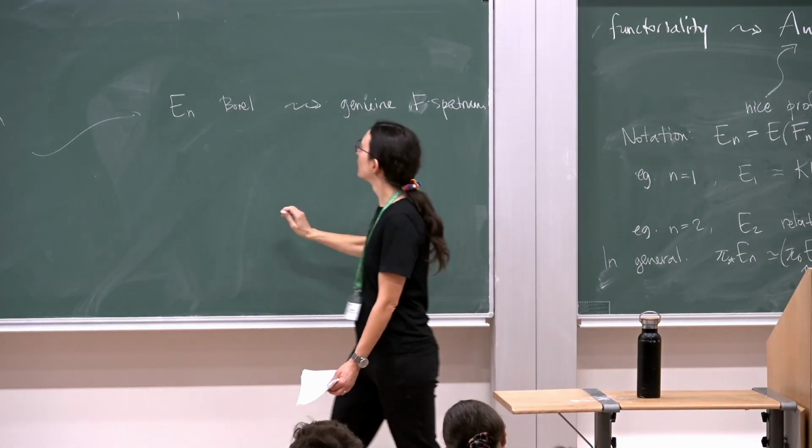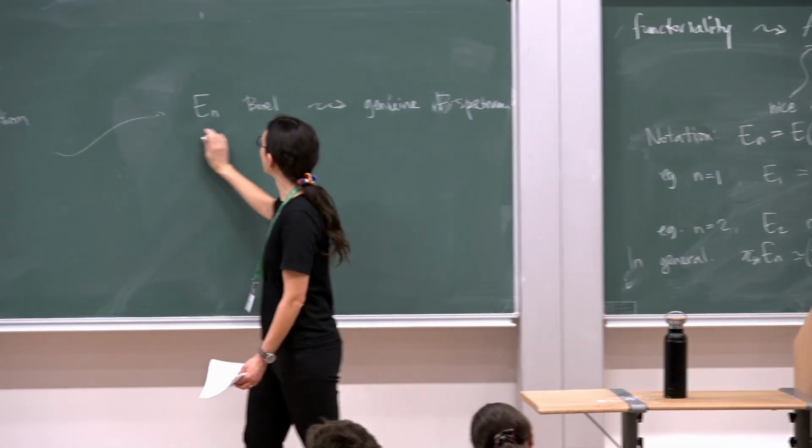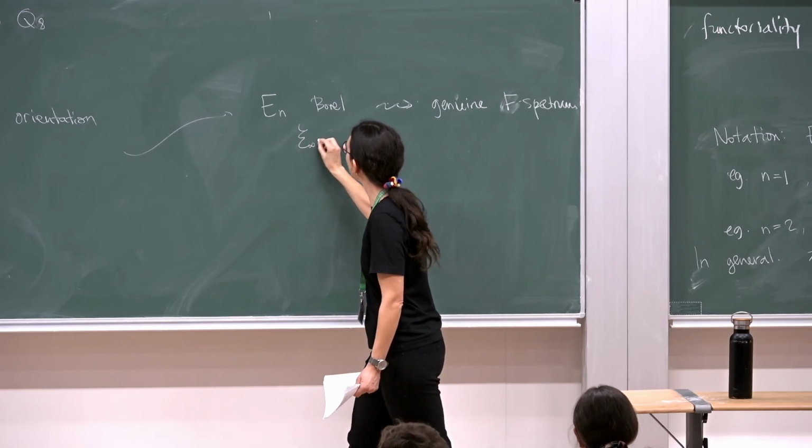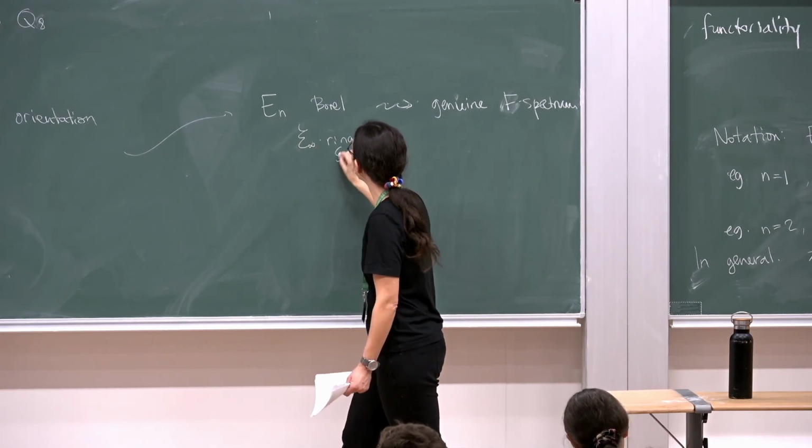But then, we also talked about E_n being an E-infinity ring spectrum.